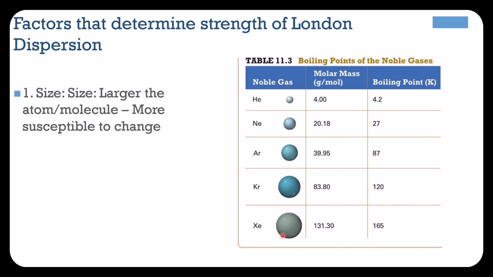So if we think about the valence electrons for helium, we've got this nucleus inside of helium, and in that first energy level is where we find those valence electrons. So they are very, very close to that nucleus.